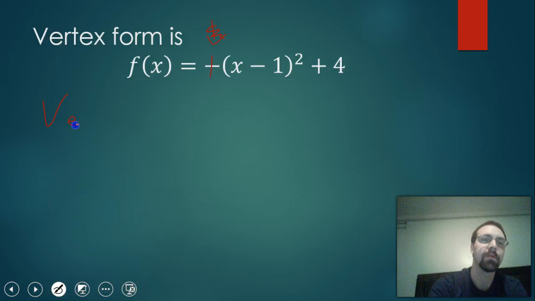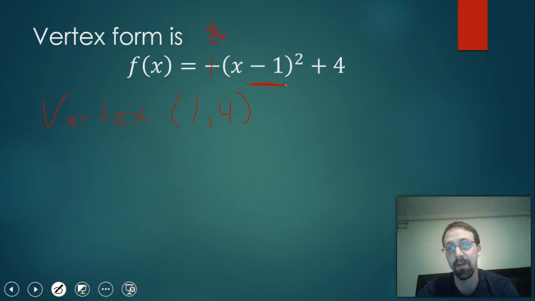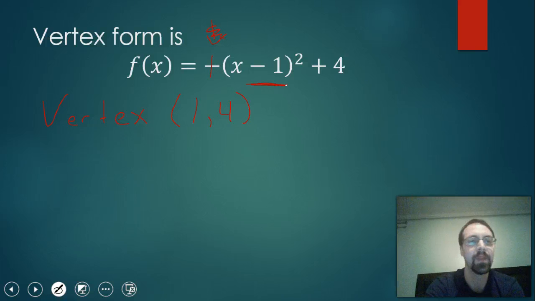My vertex is going to be 1, 4. It's always the opposite. Your vertex is the opposite of whatever that is right there. Because it's a negative one, it becomes a positive one. Your axis of symmetry is x equals 1.